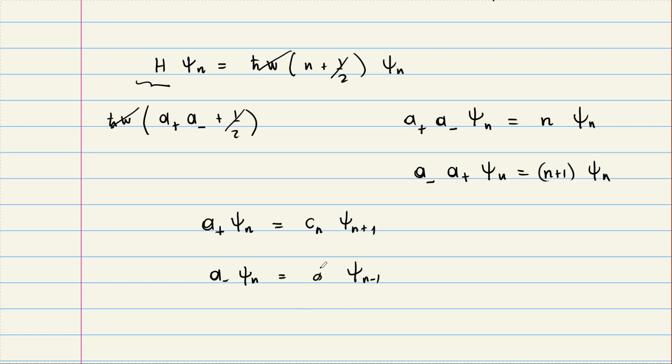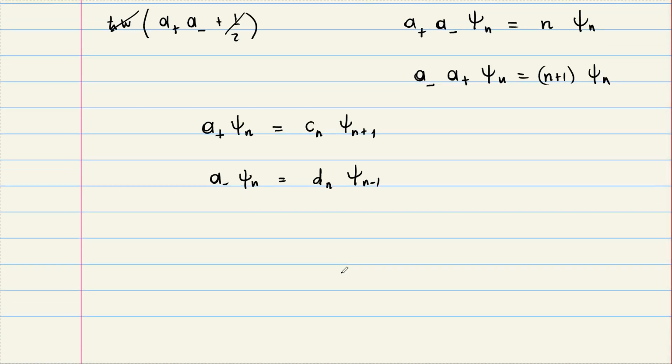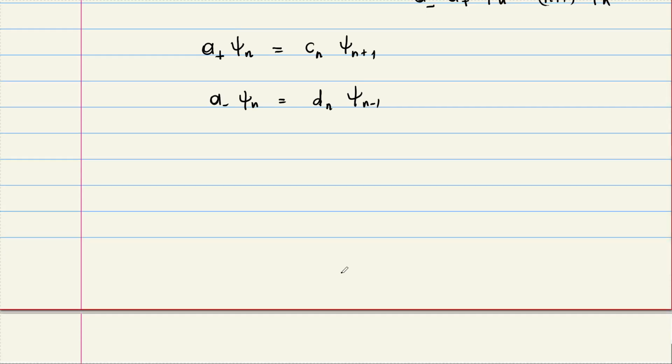And for normalization, let's use another constant Dn. Cn and Dn are the coefficients we want to find. Let's find them. That's what I want to spend a couple of minutes on.